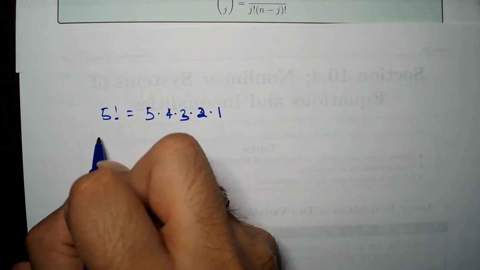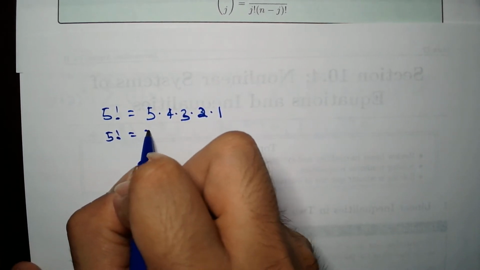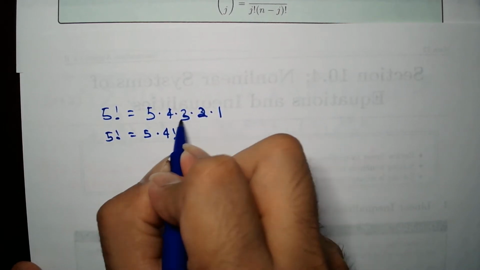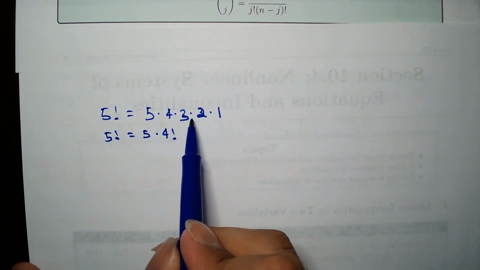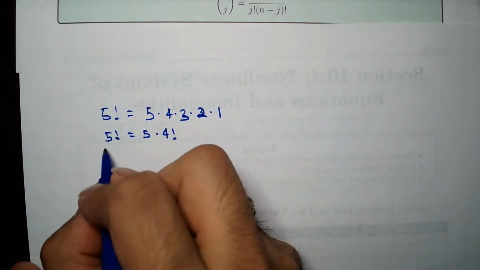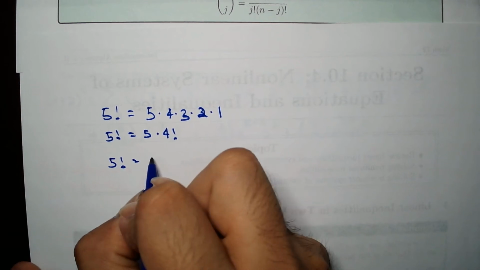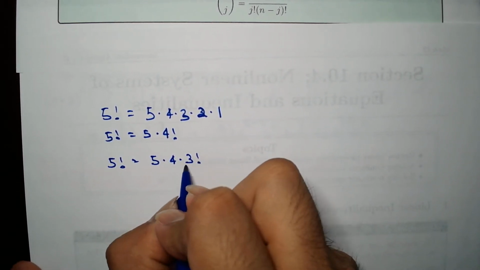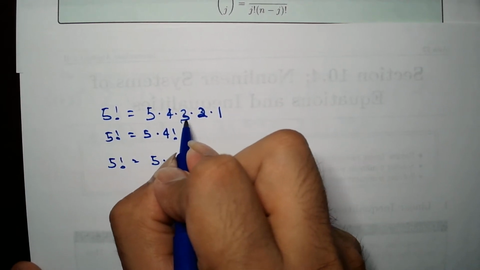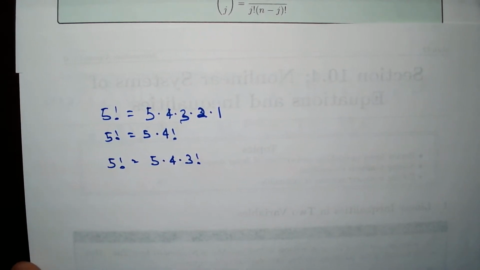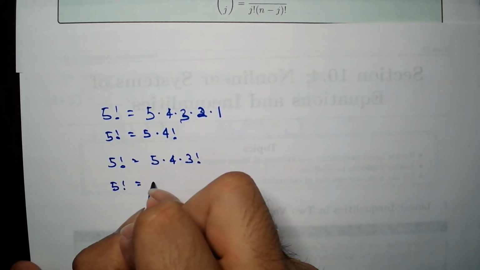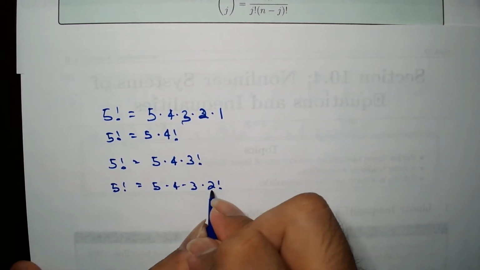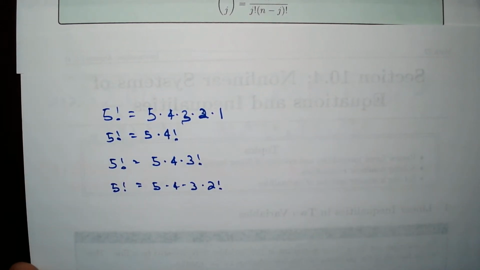But another way to represent this is 5 factorial equals 5 times 4 factorial, because 4 factorial is all this product here, 4 times 3 times 2 times 1. Another way to say 5 factorial is 5 times 4 times 3 factorial, because this 3 factorial is 3 times 2 times 1. Another way to say 5 factorial is 5 times 4 times 3 times 2 factorial, because this 2 factorial is the same as the product of these two.